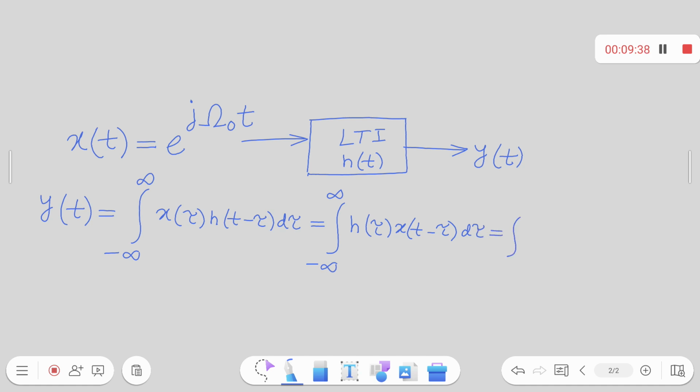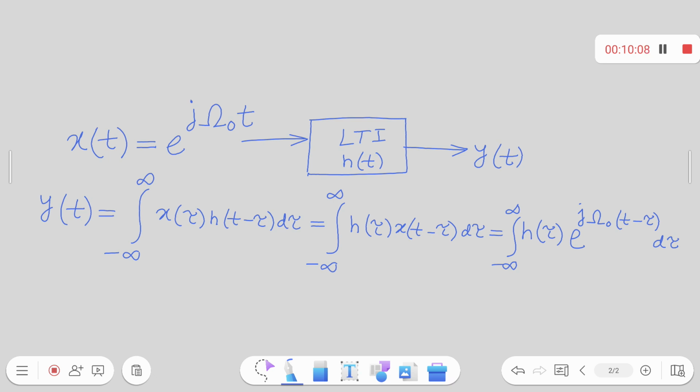So if I consider the second form of the integration, minus to plus infinity, h of tau, and x of t is basically e to the power j omega naught t. So what is x of t minus tau then? e to the power j omega naught, t minus tau, d tau. Right?